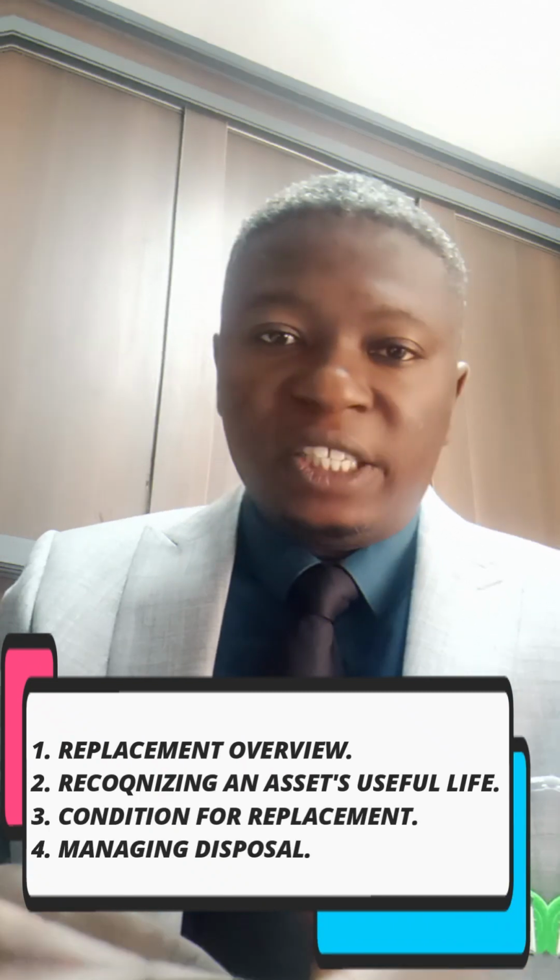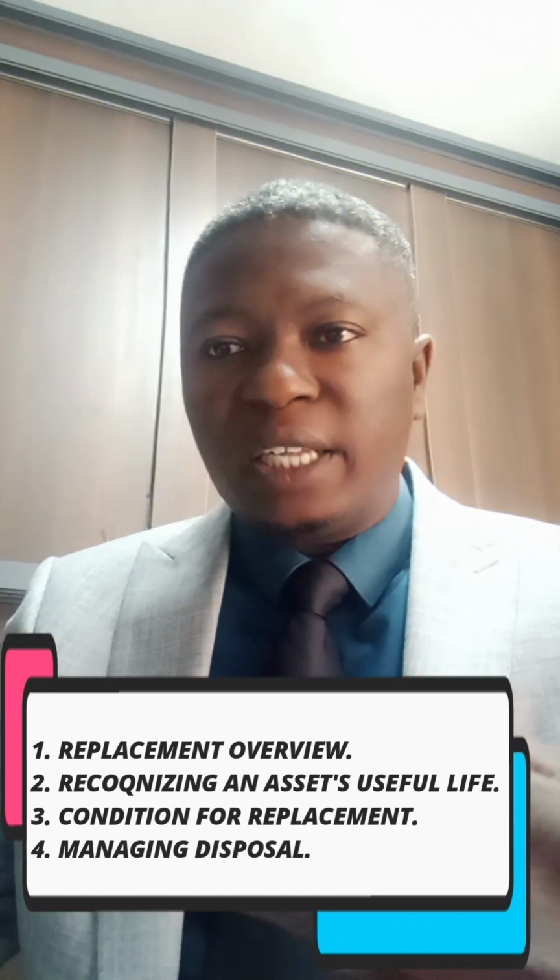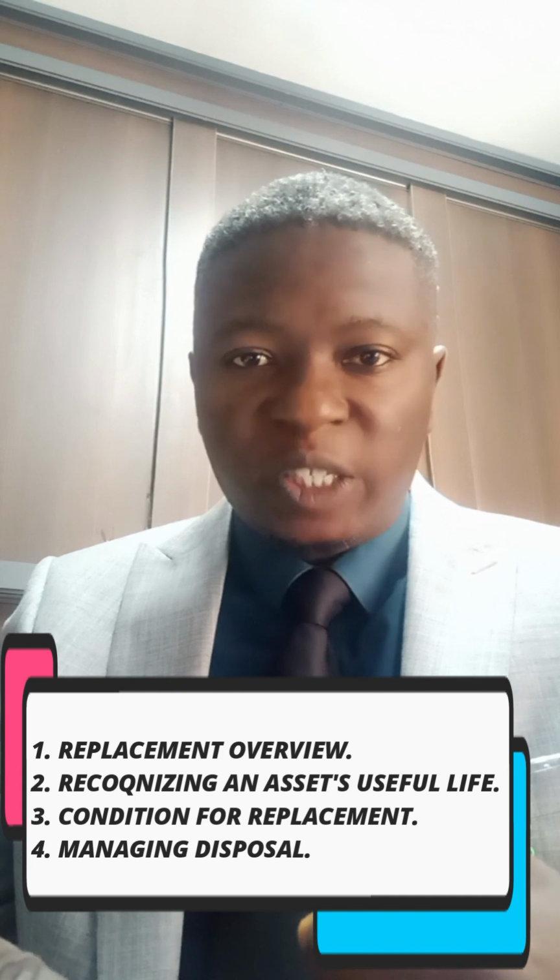When discussing this, we will take into consideration the following topics in our subsequent videos. For you to replace your systems, material and equipment, we'll look at the replacement overview. We'll look at recognizing an asset's useful life. We'll look at the condition for replacement.